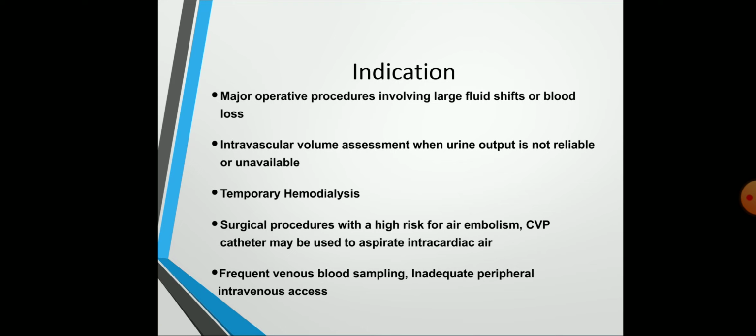If you are unable to estimate urine output, or if it's a short surgery, then you can use the central venous access catheter and the CVP reading as a surrogate guide for fluid responsiveness.